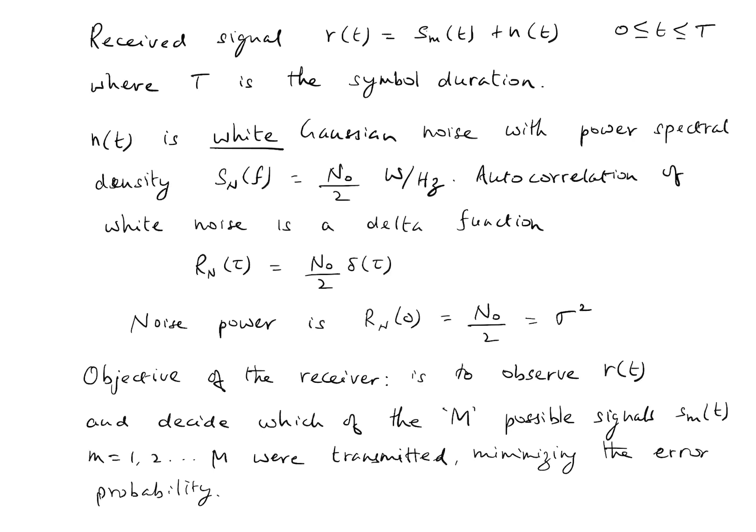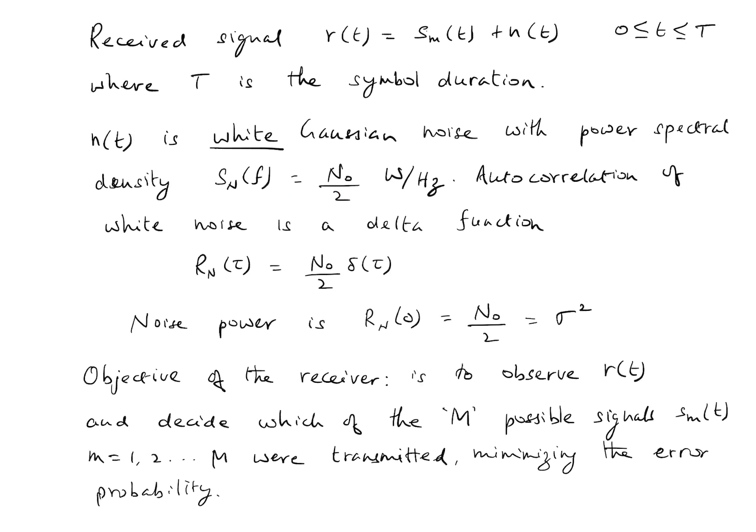So r(t) is the received signal waveform, s_m(t) is the transmitted signal waveform, and n(t) is the noise waveform. And the noise waveform is white. That means it has a power spectral density which is constant over the entire frequency range.